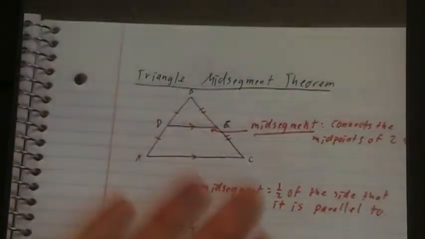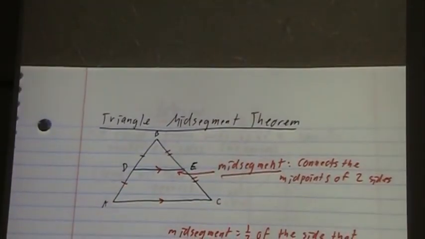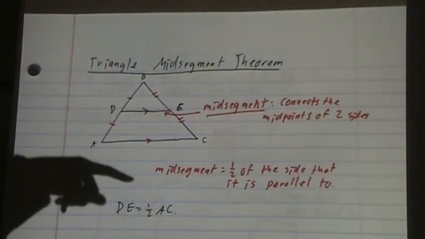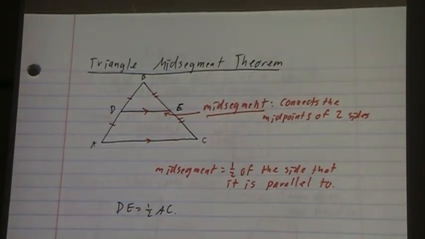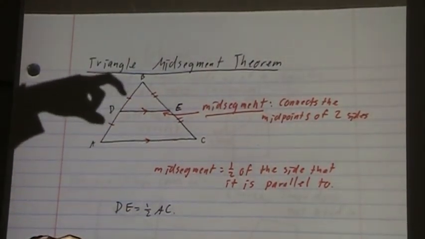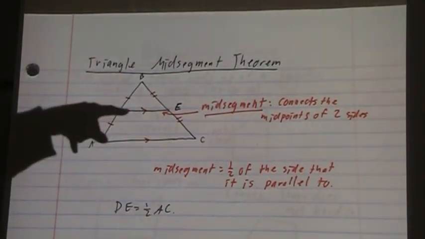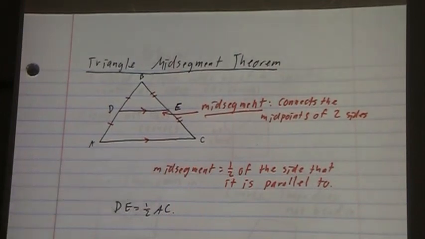So I don't think we're going to need the triangle midsegment theorem, but you might see a midsegment situation, okay? And again, that's when you got parallel lines, congruent sides in a triangle, and then you know the middle line is half of the full line. So that's it for notes, and now we're going to check out some examples.